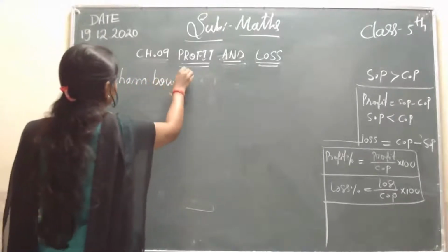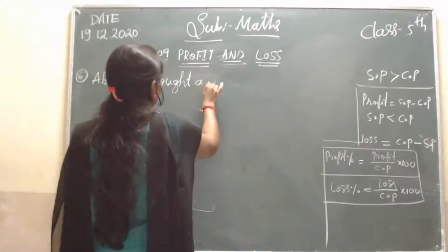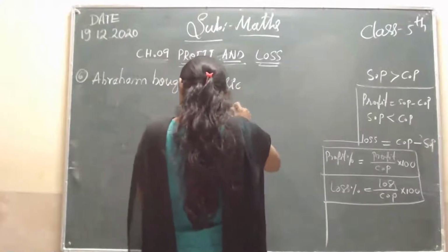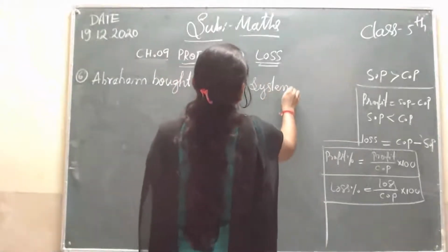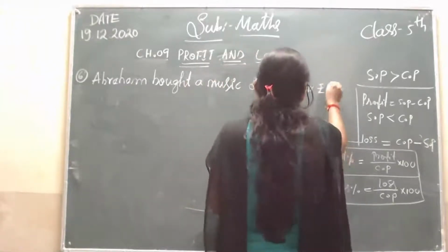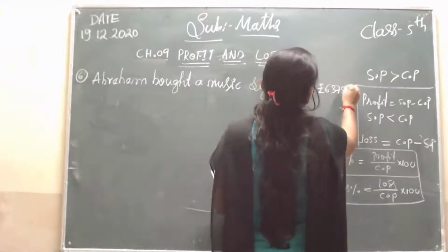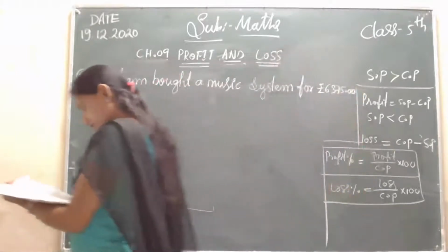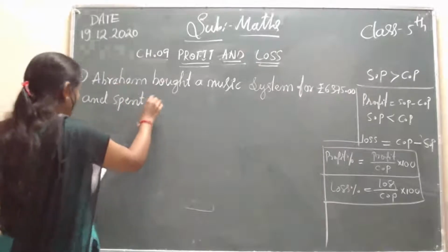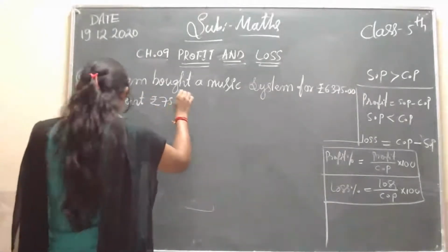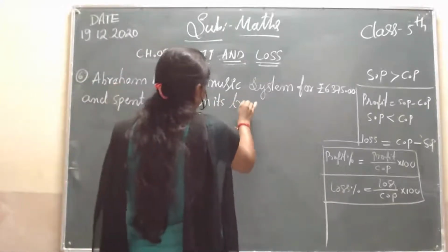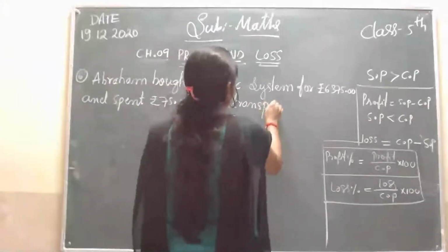Yes students, in the sixth question, Abram brought a music system for 6,375 rupees and spent 75 rupees on its transportation of the money.